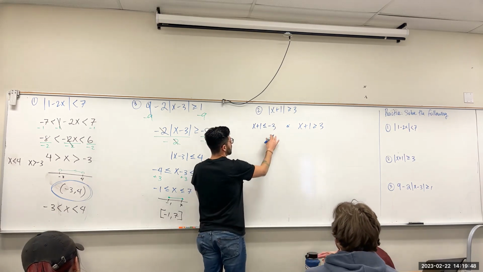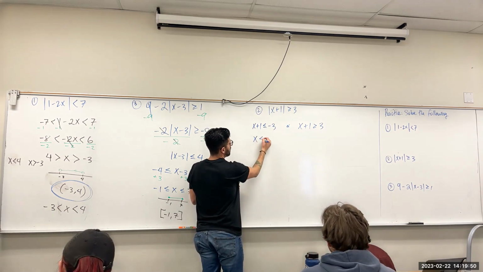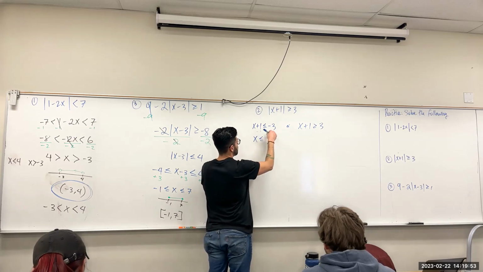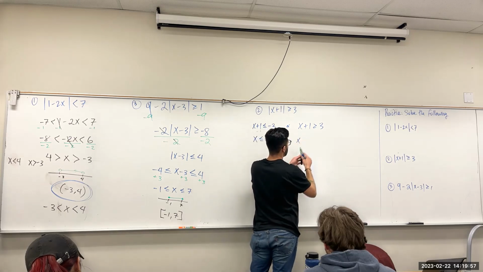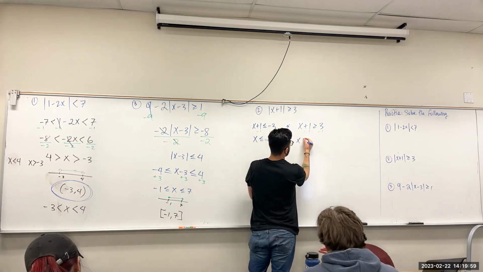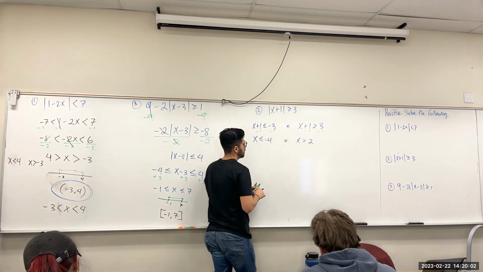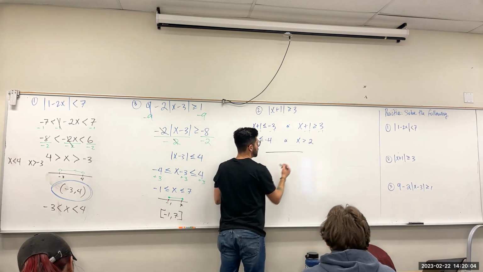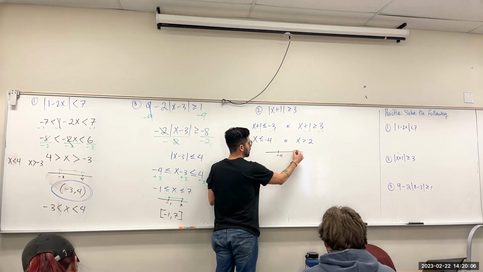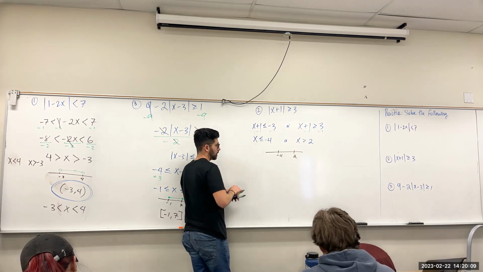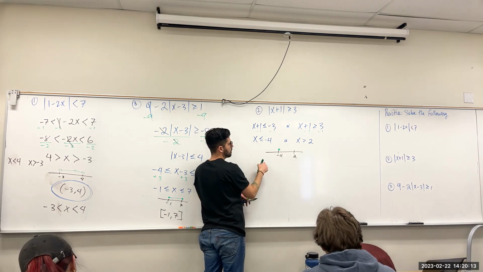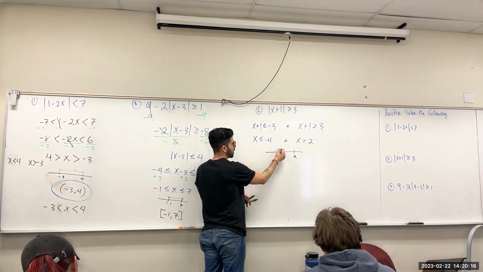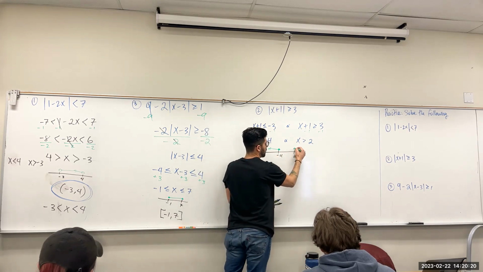So you subtract 1 from both sides, and you get x less than or equal to -4, or greater than or equal to 2. If it helps you graph on the number line, here's -4, here's 2. Is x to the left or to the right? To the left, because it's less, and then greater than 2.